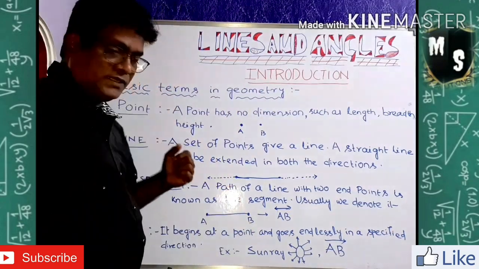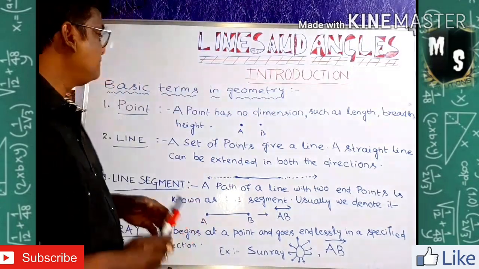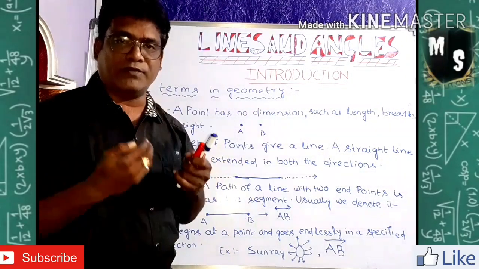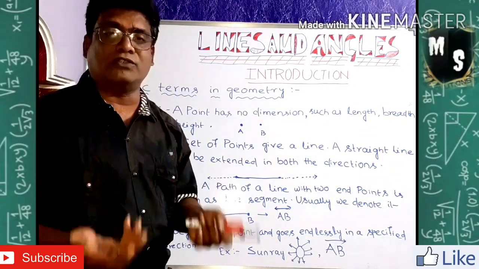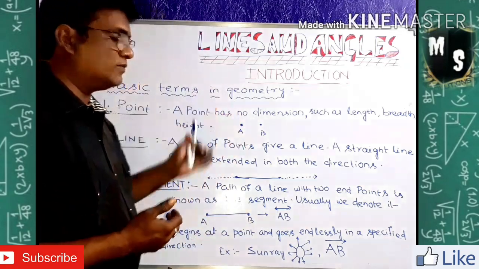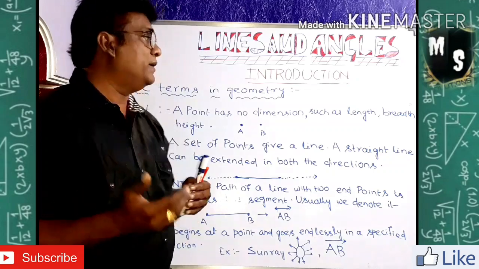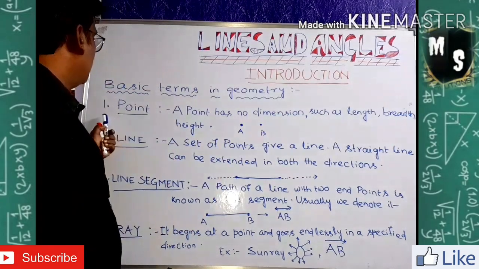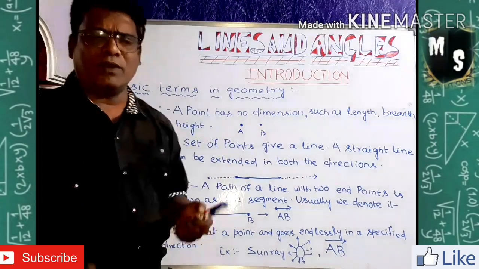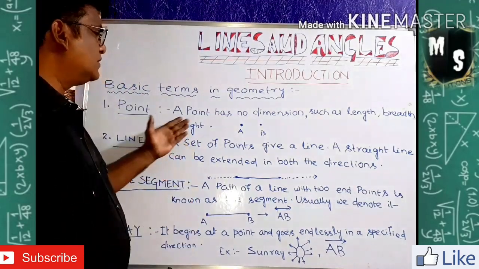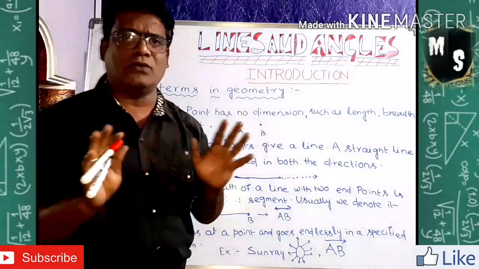What is a line? See, I wrote here some basic terms in geometry. When we learn geometry, these basic terms are taught to you, and right now I am just reminding you what they are. Number one is the point. What is a point? In the last video I told you a point has no dimension.